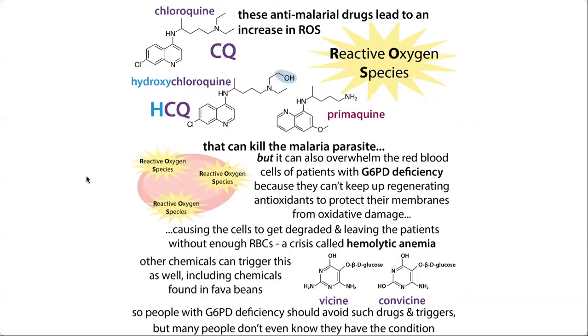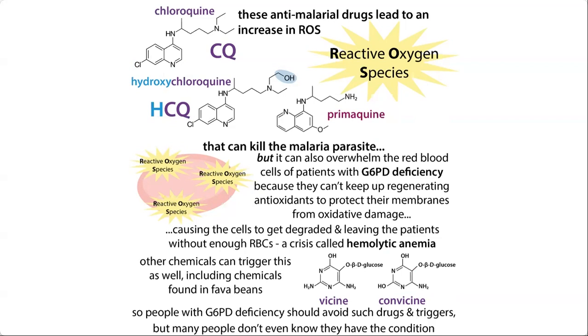And this is especially potentially an issue in the case where you're taking anti-malarial drugs or other drugs that lead to an increase in reactive oxygen species. So that reactive oxygen species can kill the malaria parasite, but it can also overwhelm the red blood cells of patients with this deficiency, causing those cells to degrade and leaving the patients without enough red blood cells. So this is called hemolytic anemia.